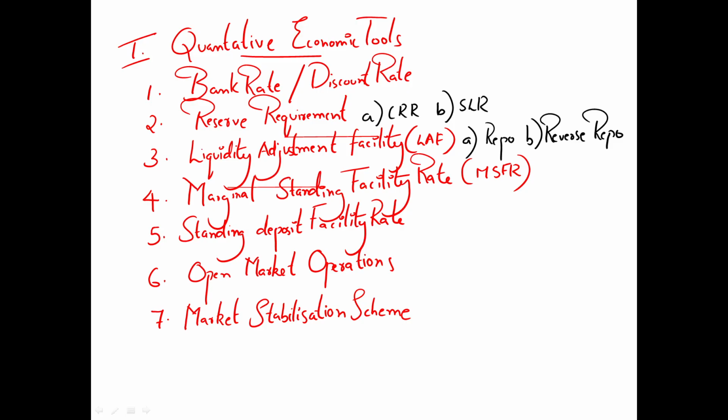Fourth is marginal standing facility rate, that is MSFR, and fifth is standing deposit facility rate. This was introduced in the year 2022. These are the latest quantitative economic tools introduced by RBI. Sixth is open market operations, and seventh is market stabilization scheme. We can look at all these in detail.